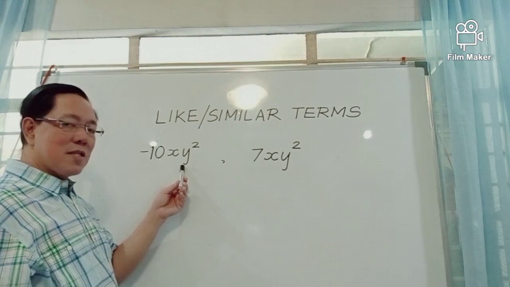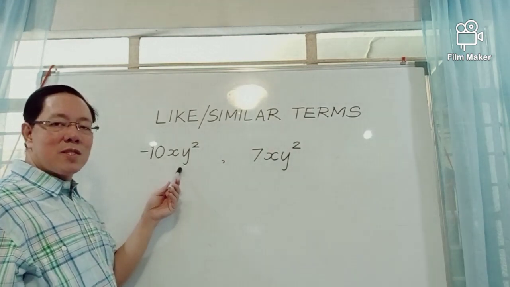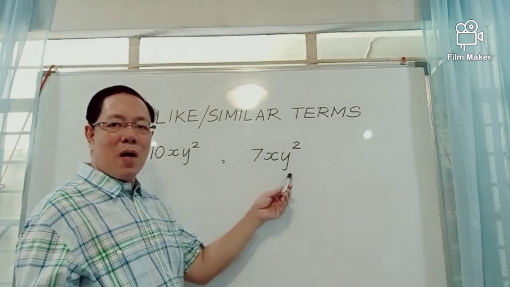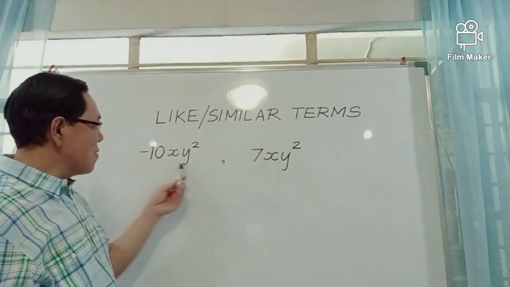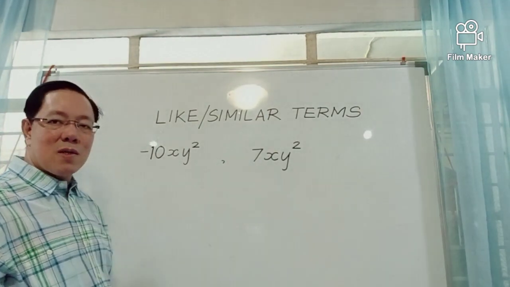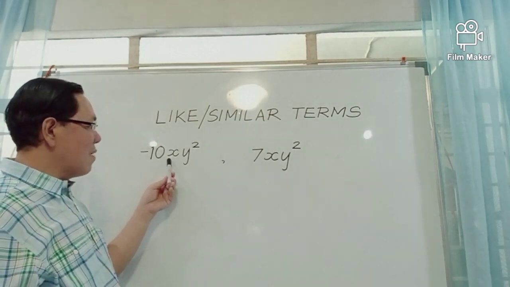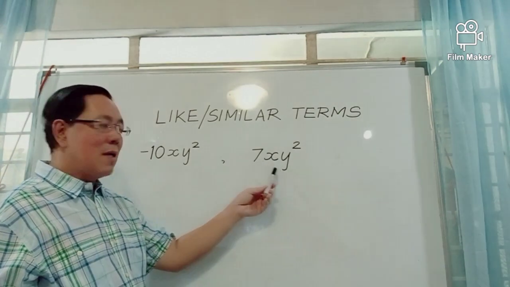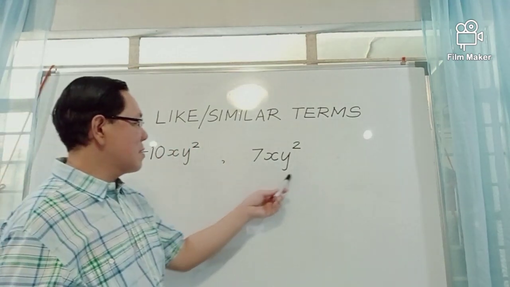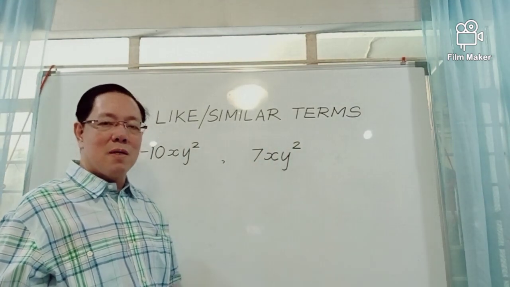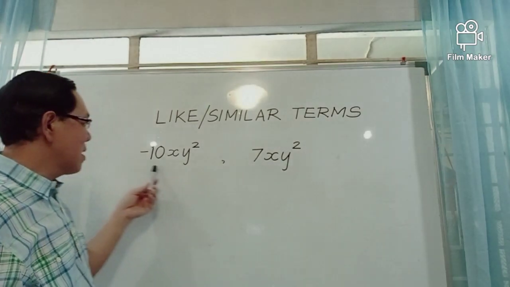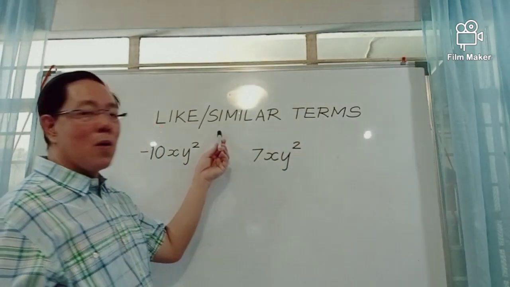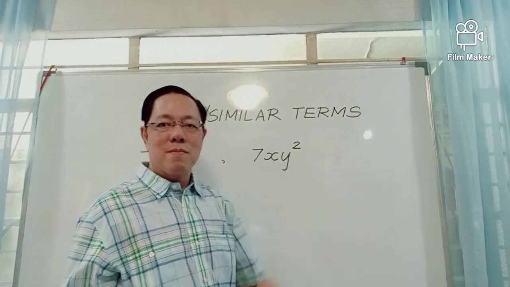The literal coefficient of each monomial is xy squared. They both have x. They both have y squared. So their literal coefficients are the same or similar. Therefore, these monomials are said to be like terms or similar terms.